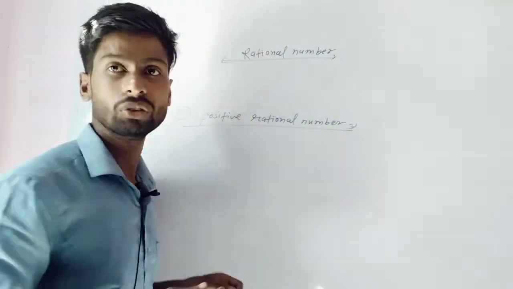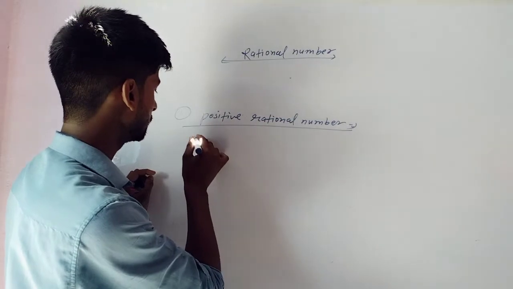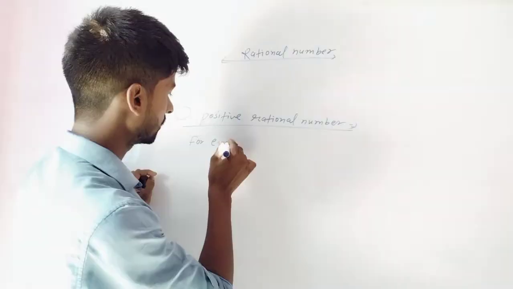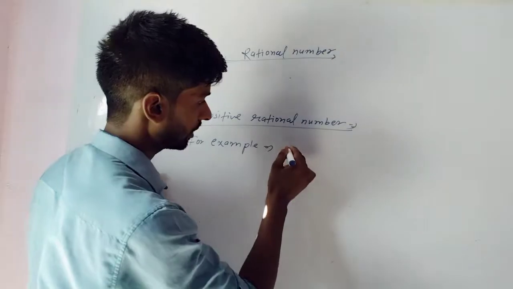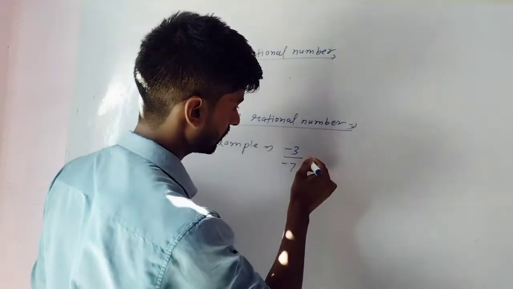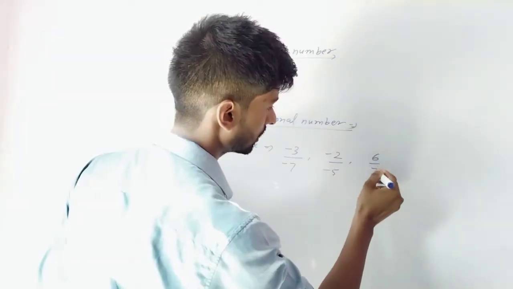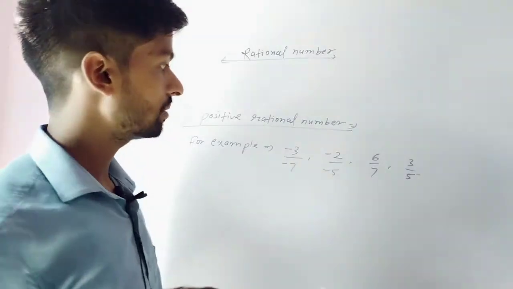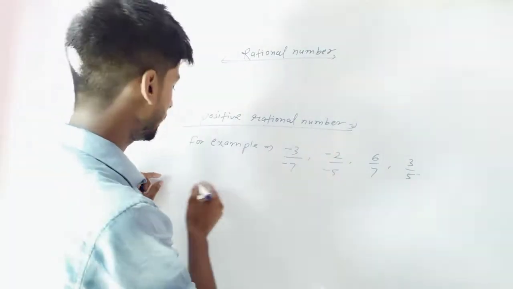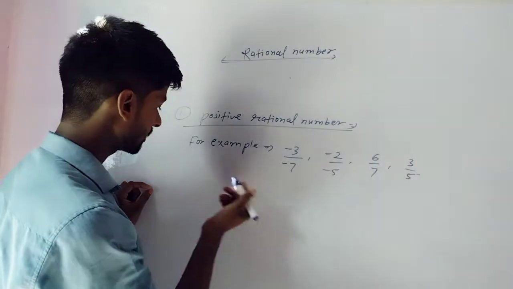What is a positive rational number? So we can write, for example, -3/-7, -2/-5, or 6/7, or 3/5. These are examples of rational numbers.